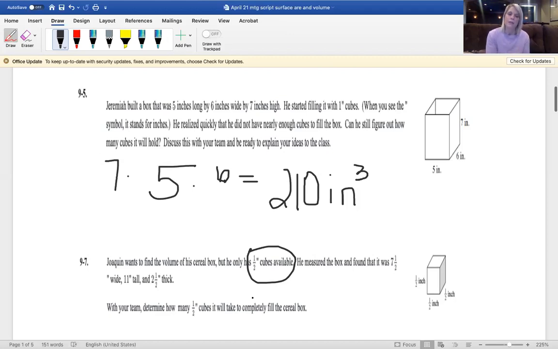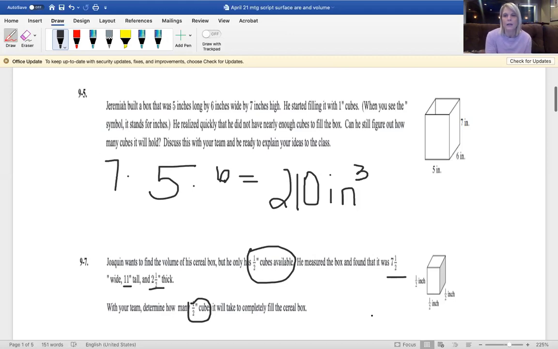But I have 1/2-inch cubes. So what do I have to do with those 3 numbers to be able to find how many 1/2-inch cubes are needed instead of 1-inch cubes?